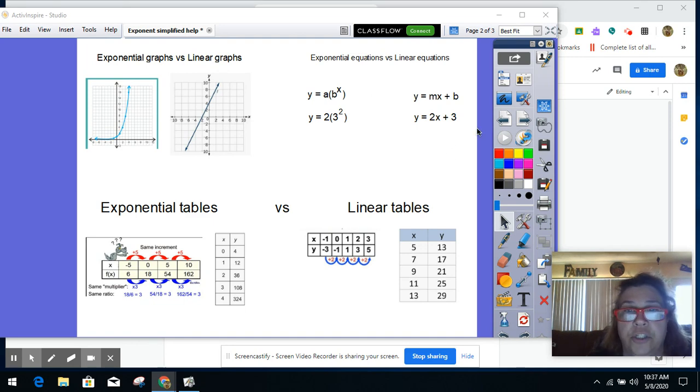These are equations you are familiar with. We have been working with this since the beginning of the year, so you better remember that. Exponential tables. If it starts low and gets real high real fast in just a short jump, clearly it is multiplying. Linear. If it starts low and doesn't jump very high, clearly it is just adding, not multiplying.